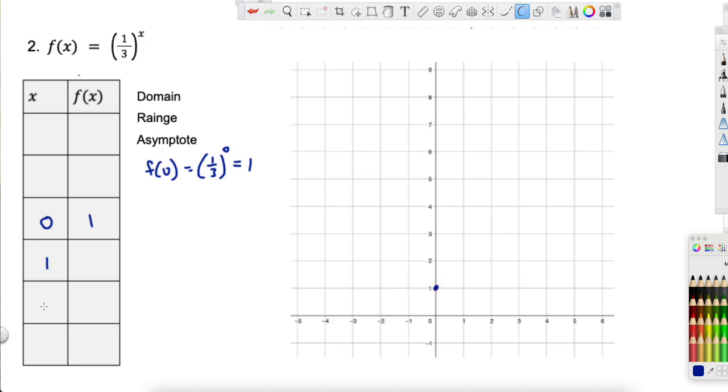We're going to try the points 1, 2, -1, -2. So let's go f of 1 equals 1/3 raised to the first power, which is 1/3. So 1, 1/3 is about here.